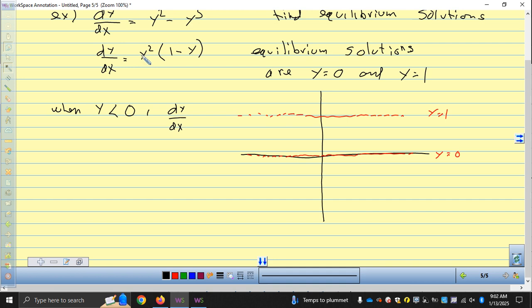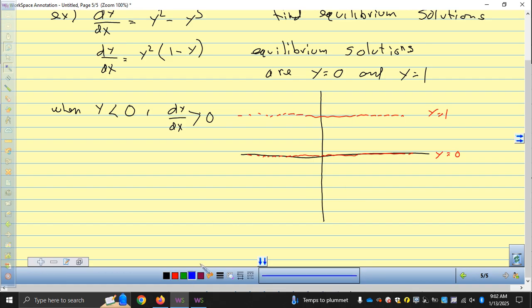If this is negative 1 minus, so this is a negative times a positive, right? Or did I do that right? This is positive times a positive, because if y is negative, y squared is positive, and 1 minus negative y is going to be positive. So that is going to be positive. So anywhere below here, our slopes are positive.